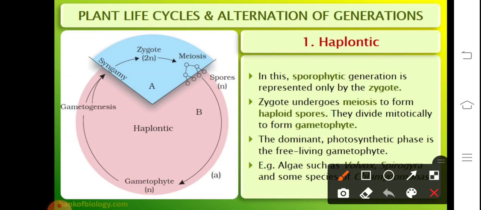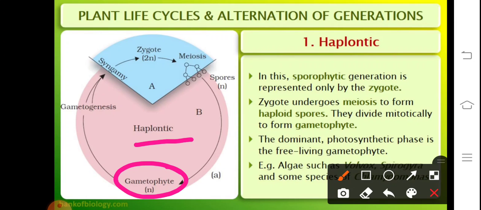Talking about the haplontic life cycle, it is basically exhibited by the thallophytes, that is the algae, wherein we can see that the dominant phase is the haploid phase, which is basically the free living photosynthetic gametophyte. So here the gametophyte, that is the thalloid body, is photosynthetic in nature.